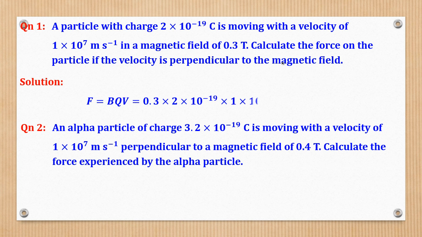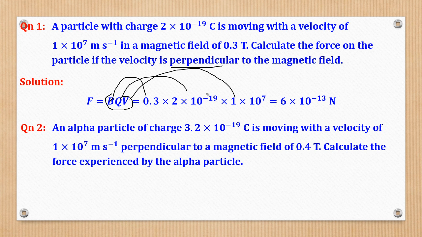Shall I quote the formula? Because they say perpendicular, theta is 90, that's why you see us just using BQV. Substitute for flux density, charge, and velocity, and you'll end up with the force they wanted.